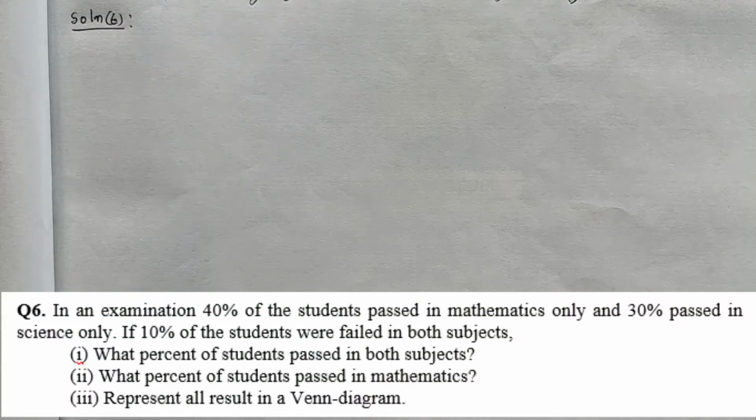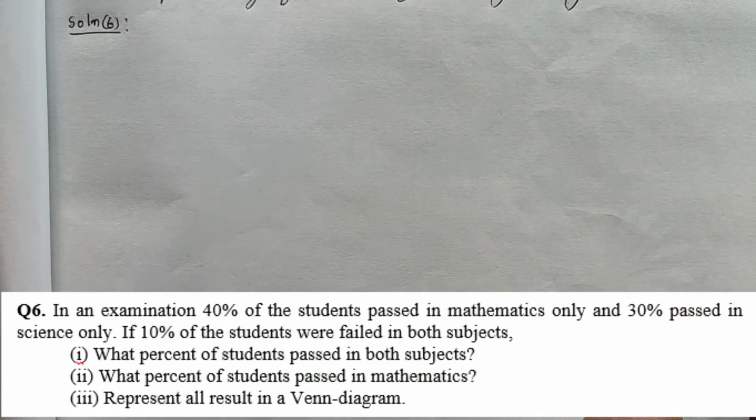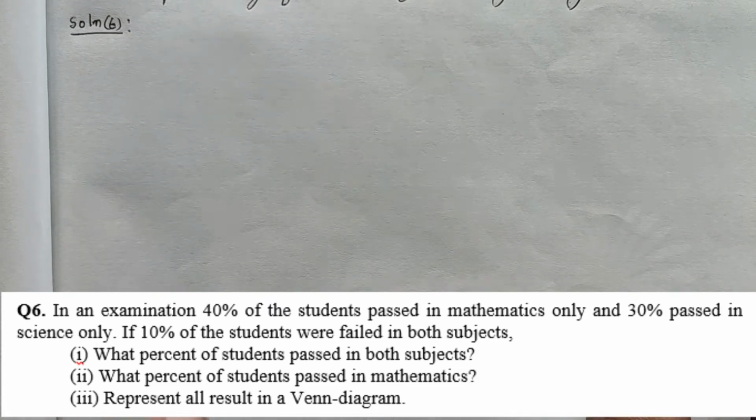While solving question number 6, you have to be very careful. It says 40% of students pass in mathematics only, okay, only M is given, and 30% pass in science only, only S is given, and 10% of students fail in both subjects.